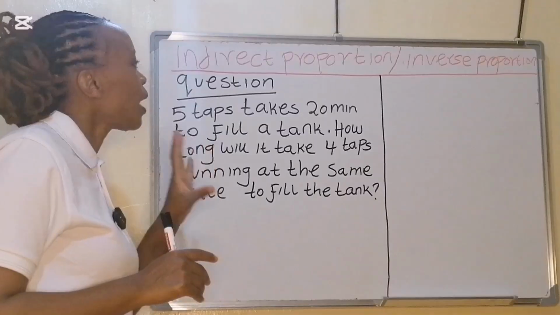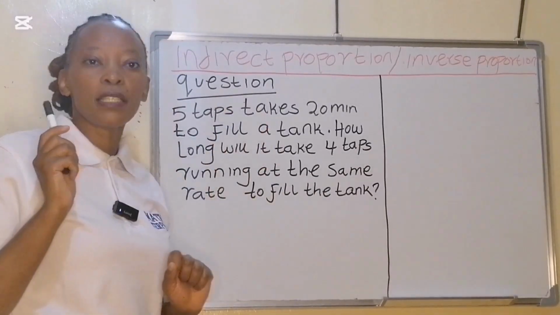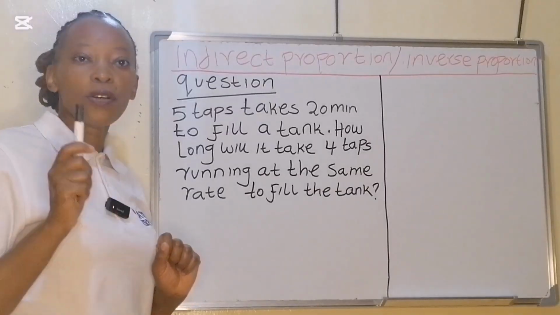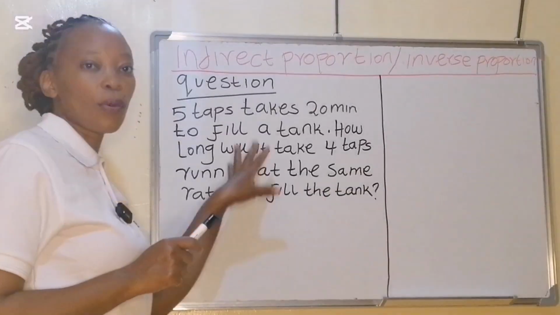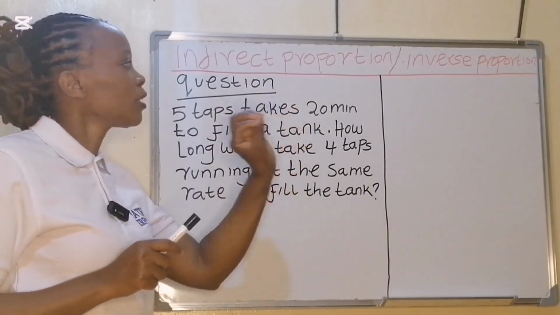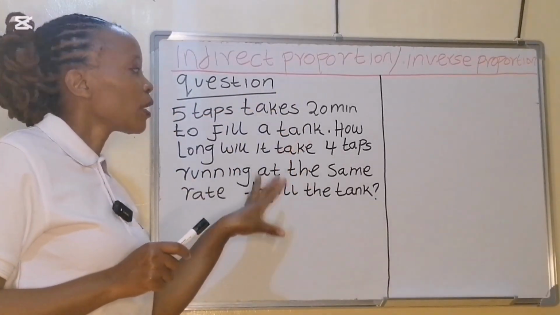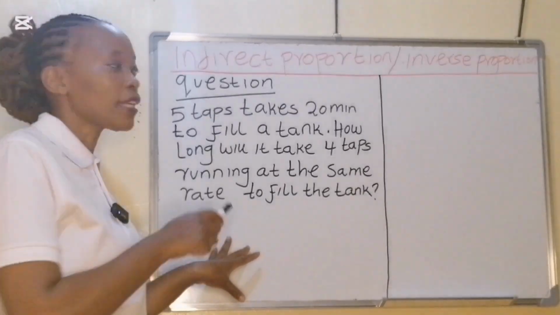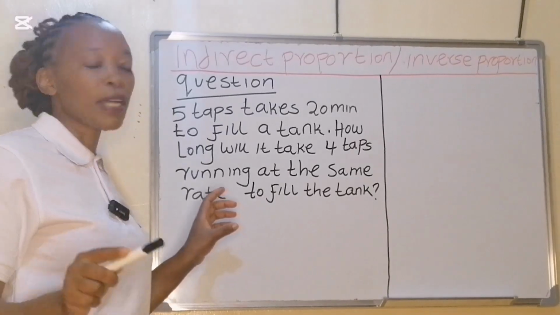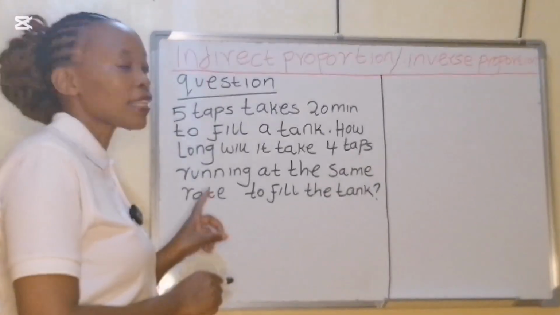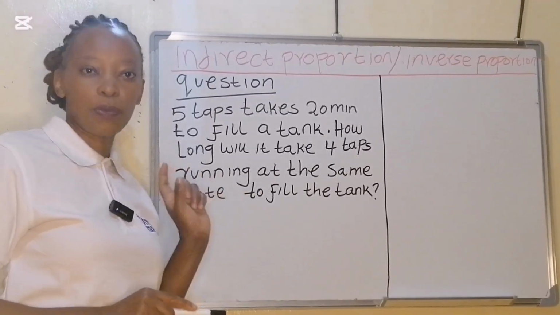So today we are going to learn indirect proportion, which is also called inverse proportion. I know most of you don't know that such a question is under this topic. When you see such a question, it is under indirect proportion, also known as inverse proportion.